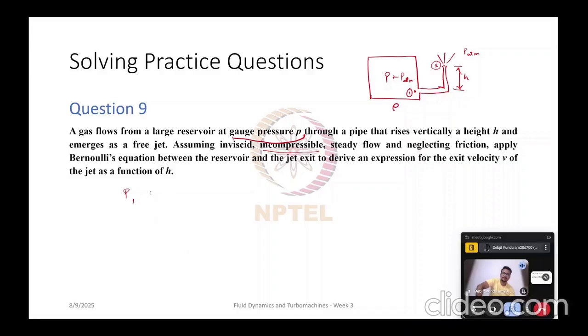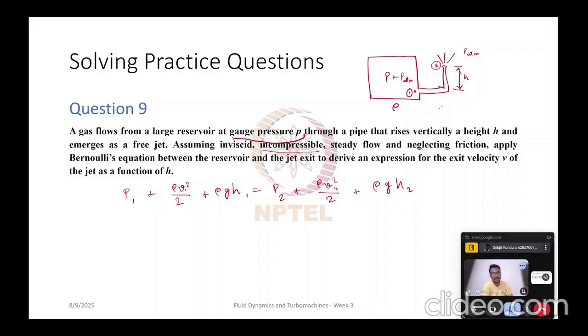Bernoulli's equation says that P1 plus rho v1 squared by 2 plus rho g h1 should be equal to P2 plus rho v2 squared by 2 plus rho g h2.